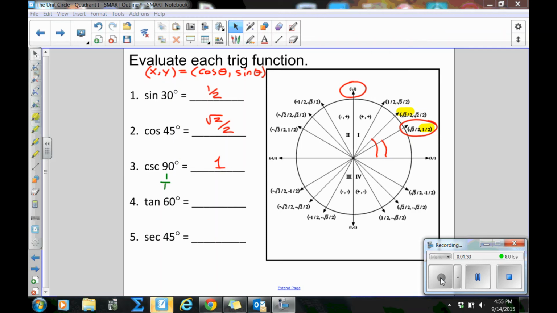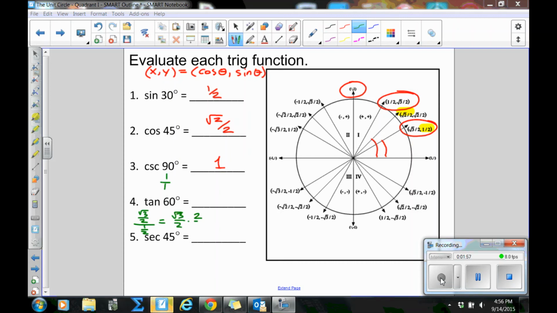The tangent of 60 degrees is sine over cosine, or y over x. So I would take root 3 over 2 divided by 1/2. Instead of dividing fractions, we multiply by the reciprocal. The 2's cancel, making the tangent of 60 degrees root 3.